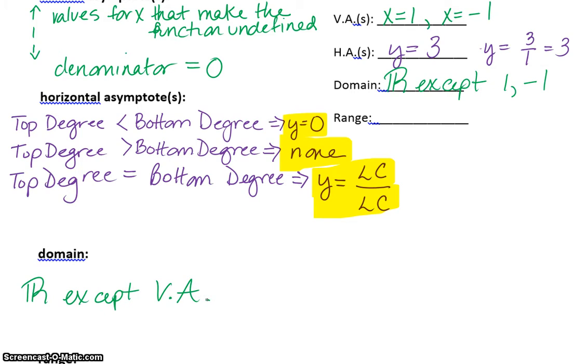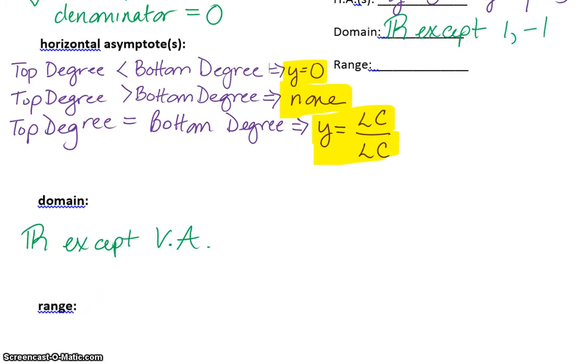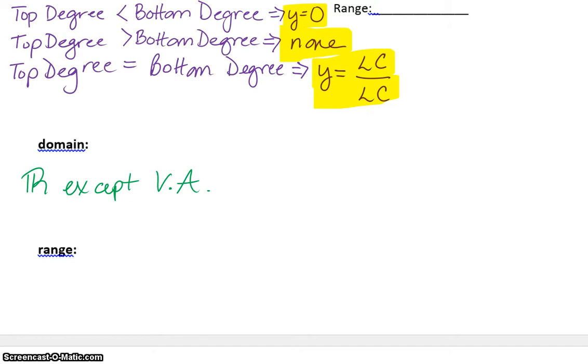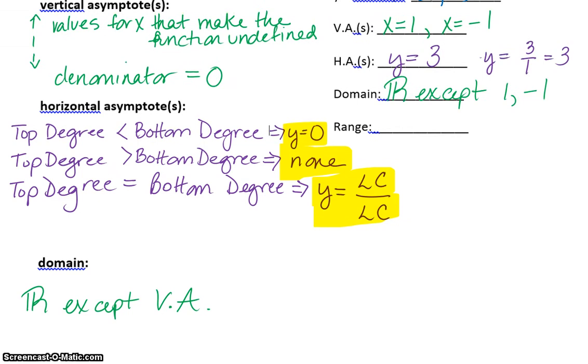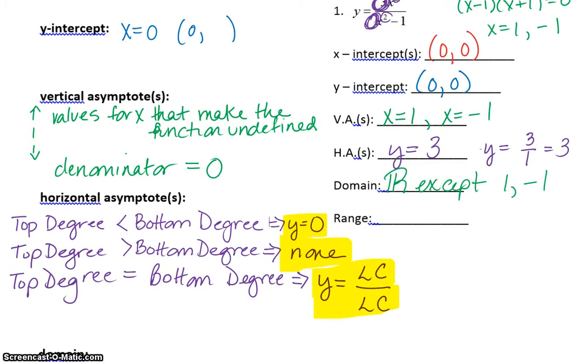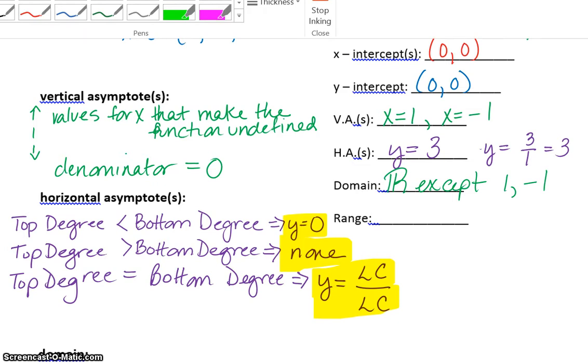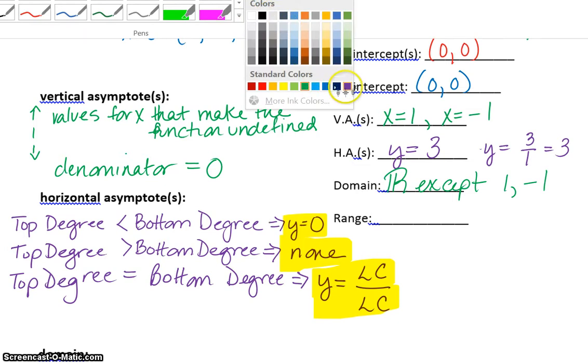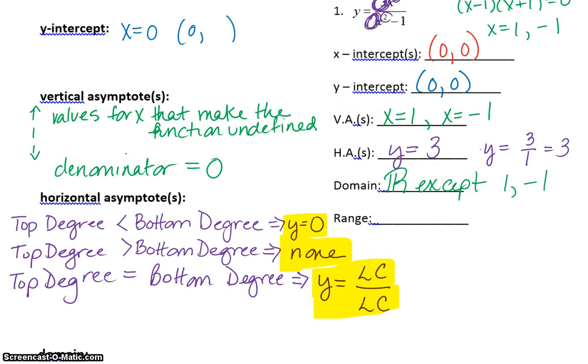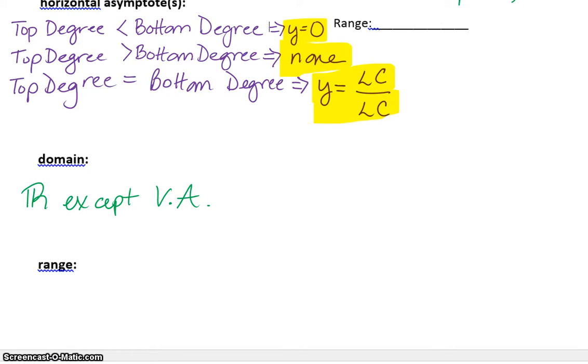Now unfortunately range isn't quite so easy. I kind of lied by telling you that this is all non-calculator, because the range can't be done without the calculator, because you need to see the picture of the graph. And since we're not necessarily going to make you draw these because they are super complicated, we are going to have you just graph them.